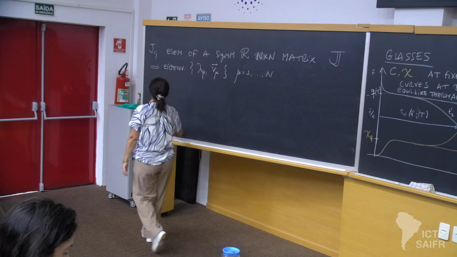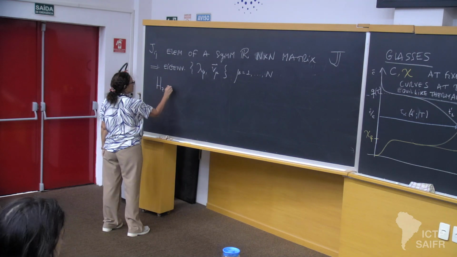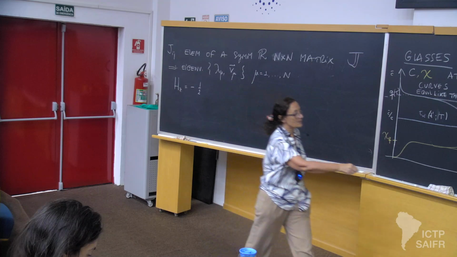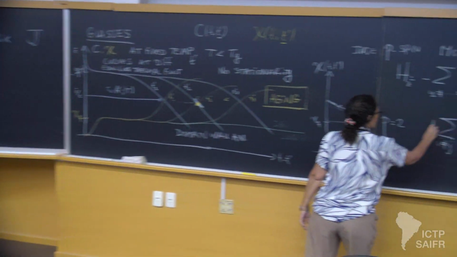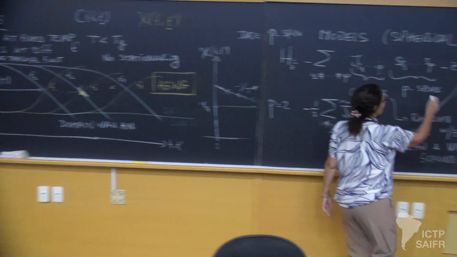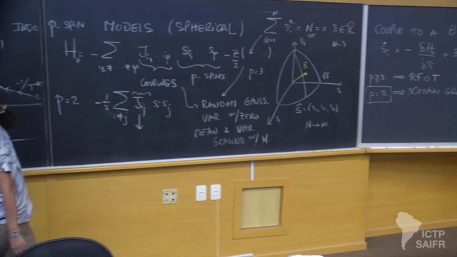And if I do that, the Hamiltonian becomes, I forgot a 1/2. Let's put the 1/2 here, and also the 1/2 here, so that I can write things more nicely.